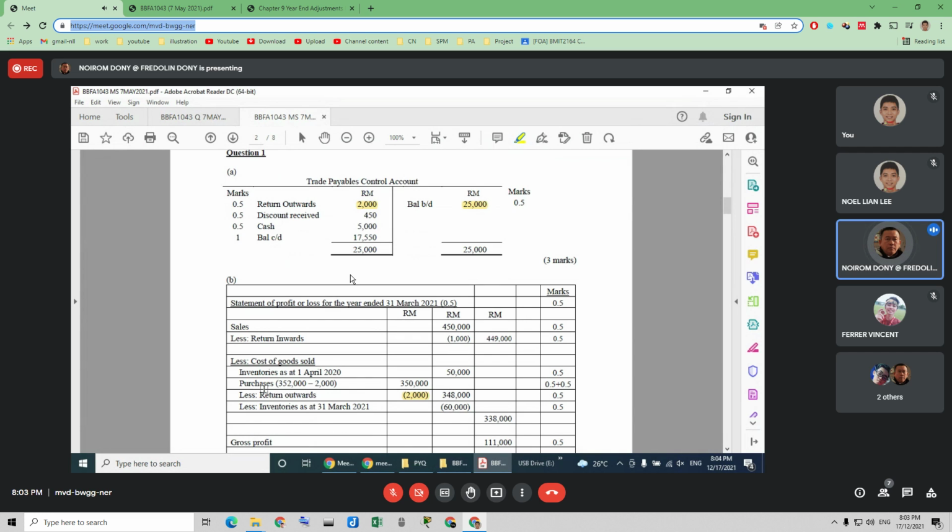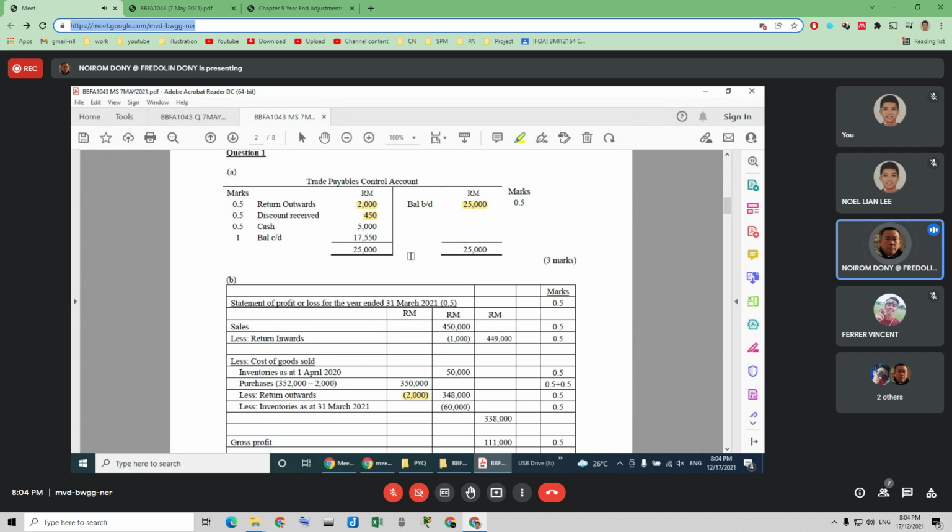Then cash discount received 450. So what is the double entry for cash discount? Discount received will be debited to the trade payable, which is this one, and we credit discount received. It is the revenue.